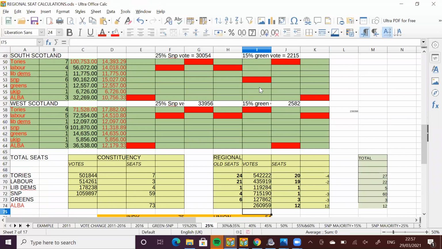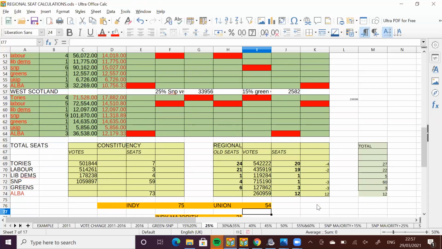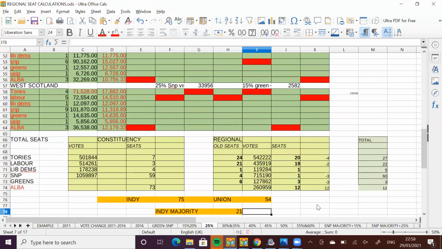So with 25%, we lose 4 Tories and 2 Labour. We do lose 3 SNP and 3 Greens. However, we gain 12 Alba MSPs, which again brings the Indie majority up to 21.